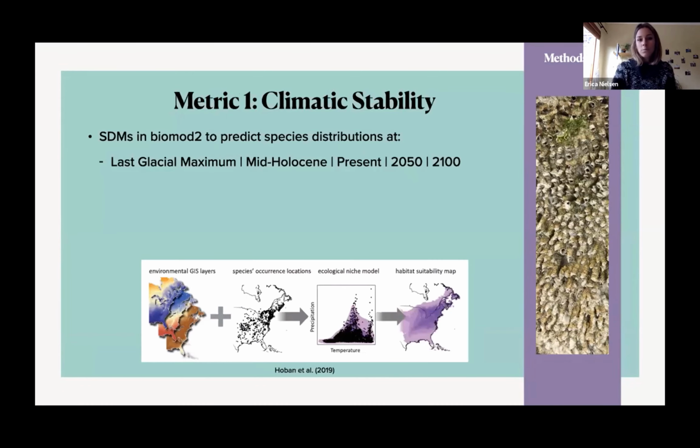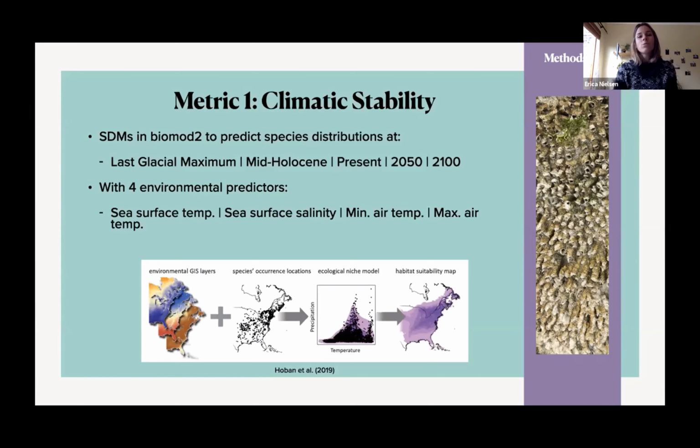So our first vulnerability metric is climatic stability, and to generate this we ran species distribution models at 5 different time points, actually starting in the past at the last glacial maximum 21,000 years ago, all the way into the future at 2,100.